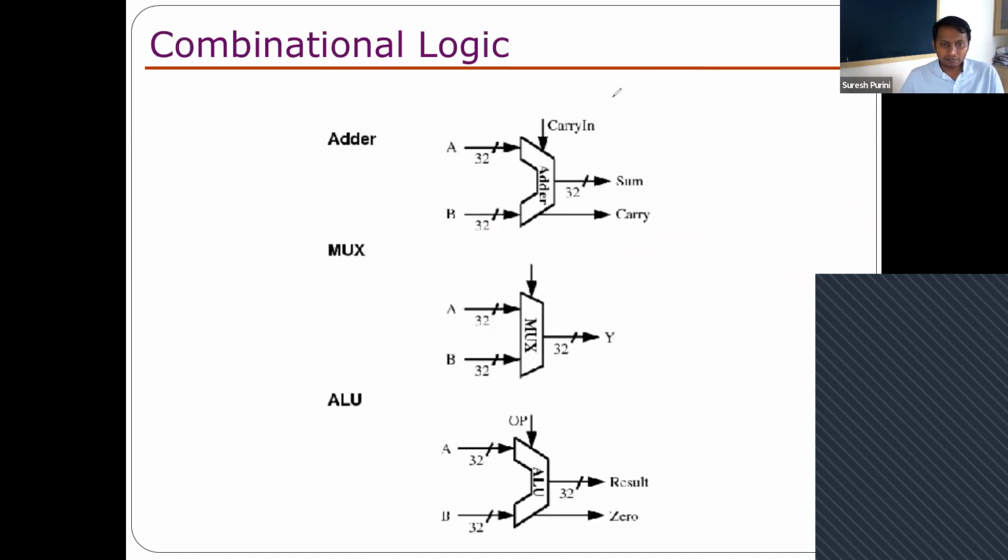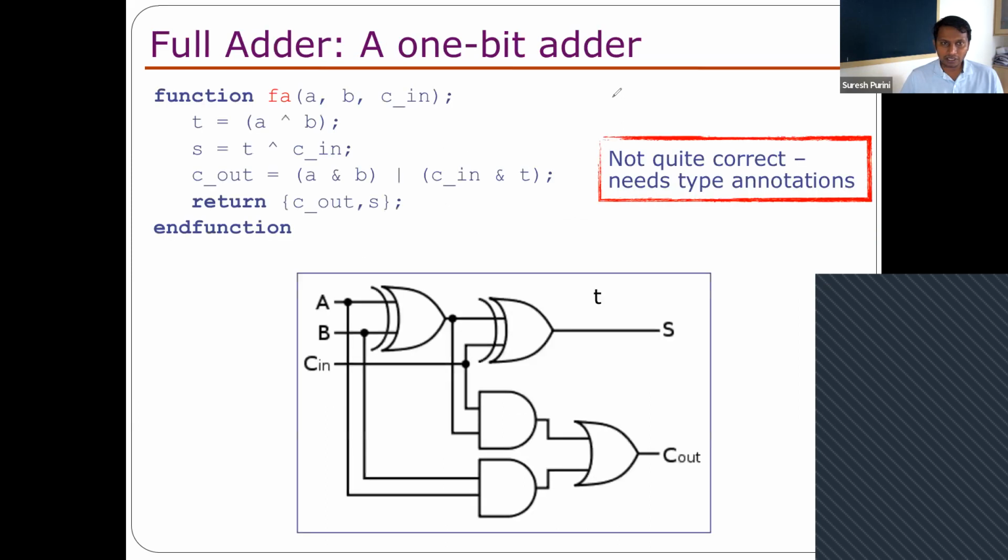So adders, multiplexers, arithmetic and logic units with no state elements are all examples of combinational logic.